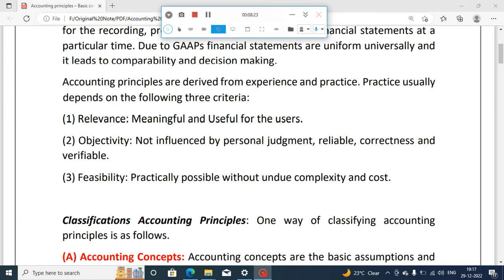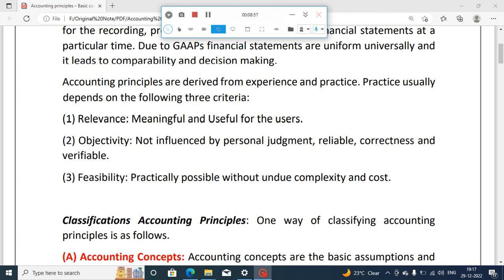Practically possible in the sense that if it is more complex, or if the method is very lengthy and clumsy, we cannot apply it in our profession. Another thing is practically possible in the sense of cost. If it is very costly to maintain these principles, then due to cost, this cannot be possible.